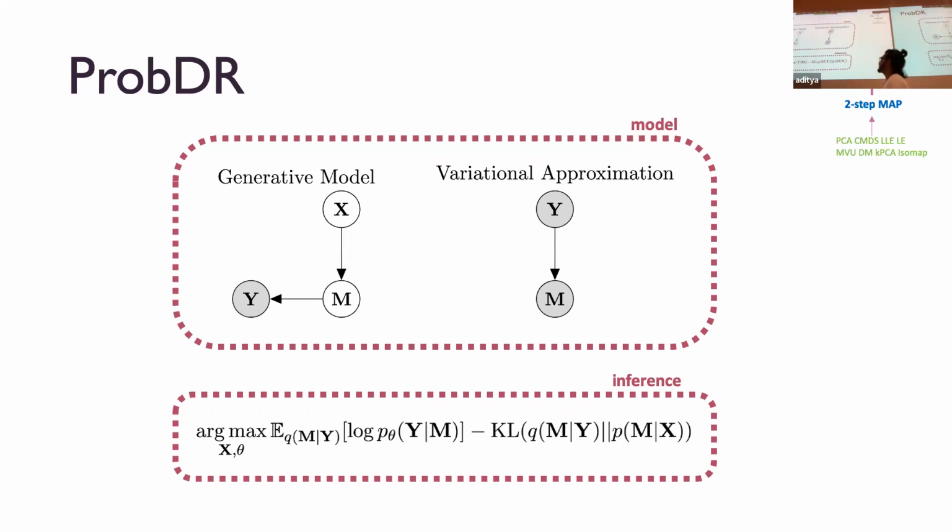So just to recap, we have the model where we're trying to describe high-dimensional data Y using low-dimensional latents X through an intermediate matrix M, where M is some statistic of interest. We place a variational approximation on that random variable M, and we just maximize the standard variational ELBO to do inference for X.